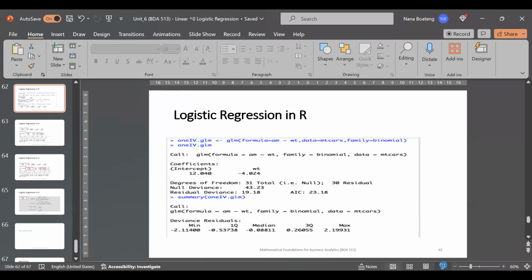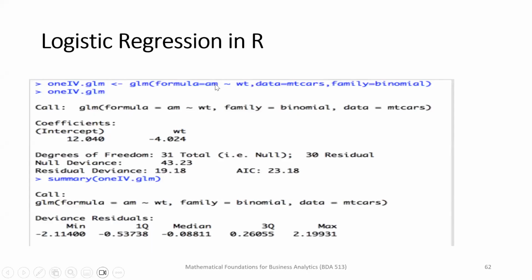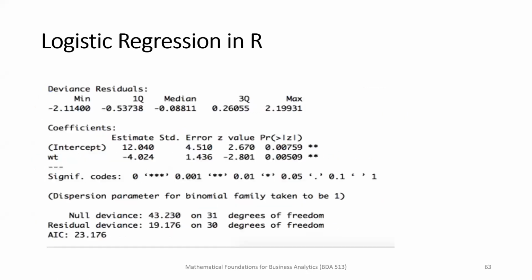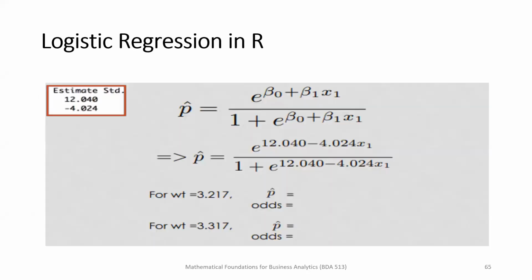The AM stands for the transmission, isn't it? Remember that we made the AM till that weight. So based upon that, now we are able to predict the probability that the car is automatic.